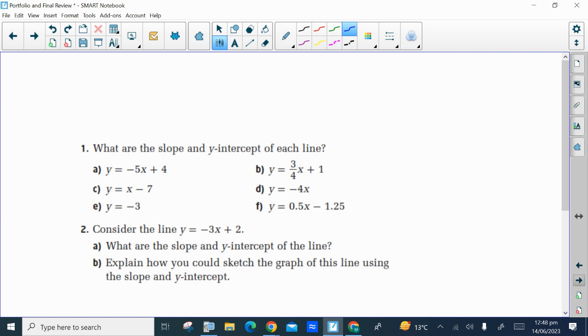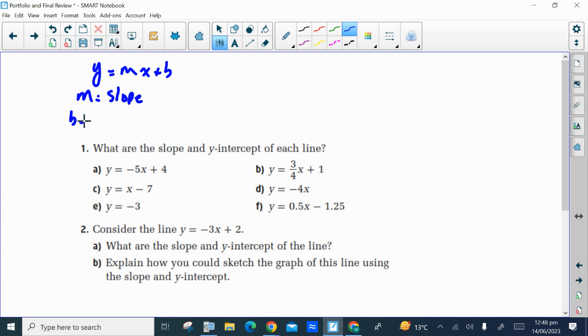The other way we looked at graphing lines, or one of the other ways, was using the slope and y-intercept. So we learned that y equals mx plus b is the slope-intercept form of a line. You need to have positive y by itself on one side, everything else on the other. Normally you'll have two terms on the other side, a term that has an x and a term that doesn't, a constant. M, the number in front of x, is the slope.